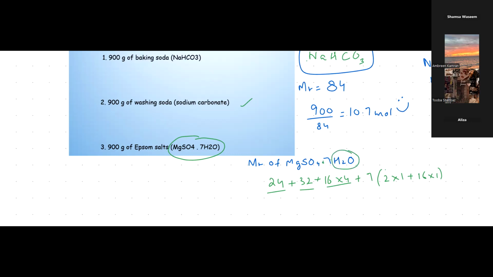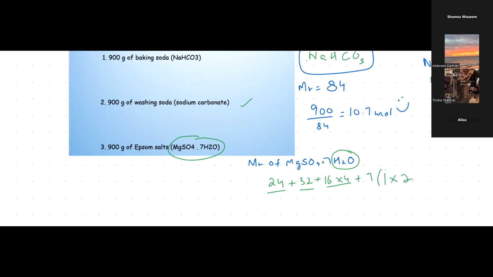So either I just write 2 multiplied by 1, or see, the relative atomic mass of hydrogen is 1. And there are 2 atoms of hydrogen, so I have to multiply 1 by 2. Did you get it? Yes. Plus, the relative atomic mass of oxygen is 16.